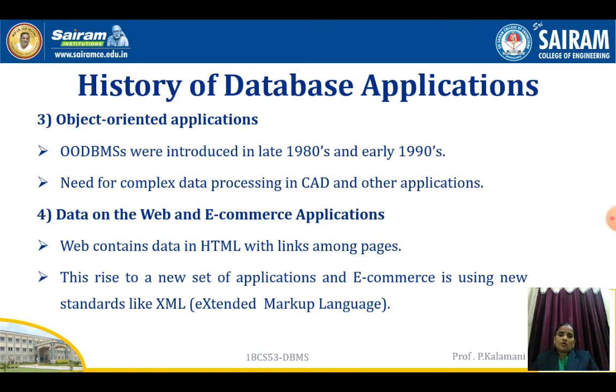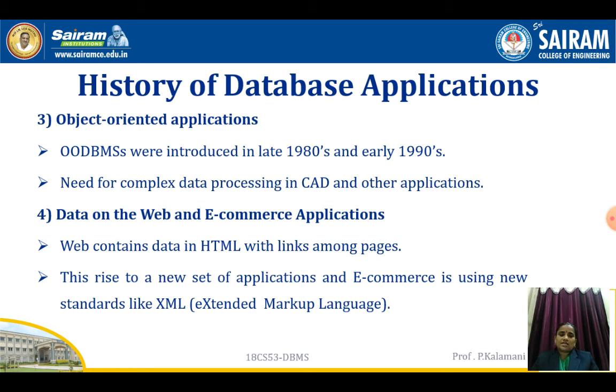And then object oriented applications. The object oriented data model was developed after object oriented programming was developed. So this data model mainly focuses on OOPS concepts like object, class, inheritance, polymorphism, encapsulation, and so on.